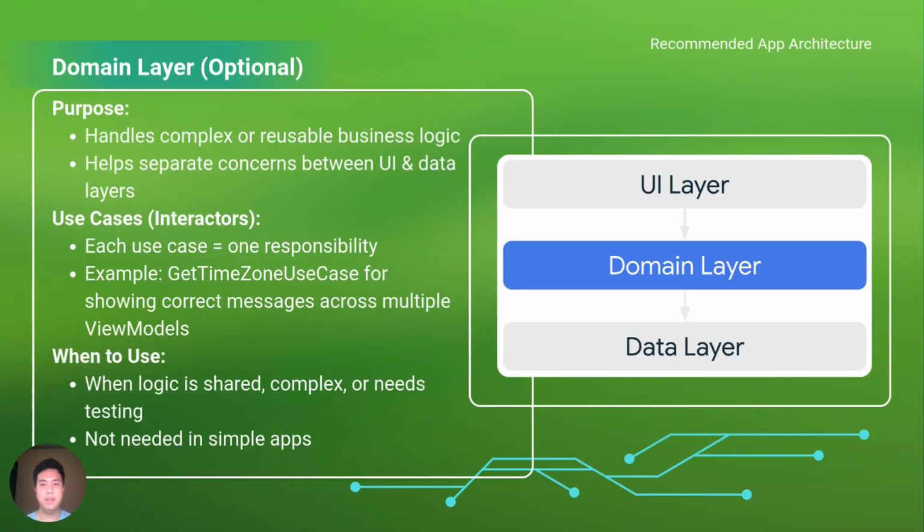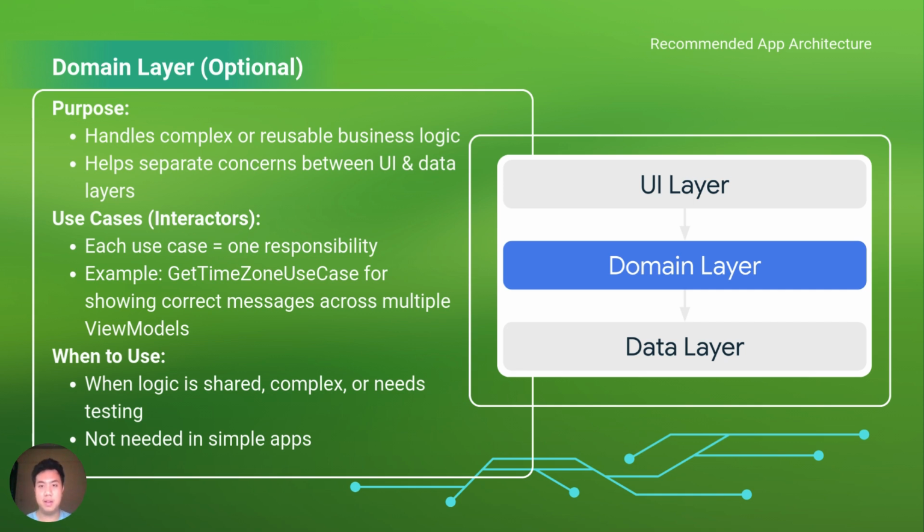Third, domain layer. The domain layer is responsible for encapsulating complex business logic, or simple business logic that is reused by multiple view models. This layer is optional because not all apps have these requirements. You should use it only when needed, for example, to handle complexity or favor reusability.